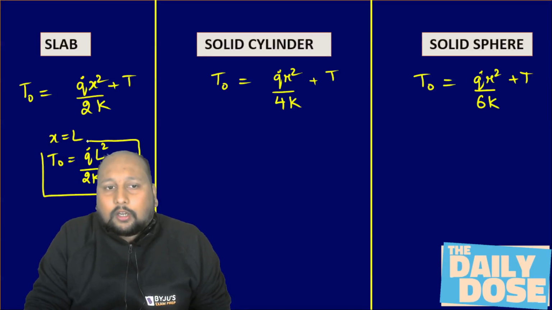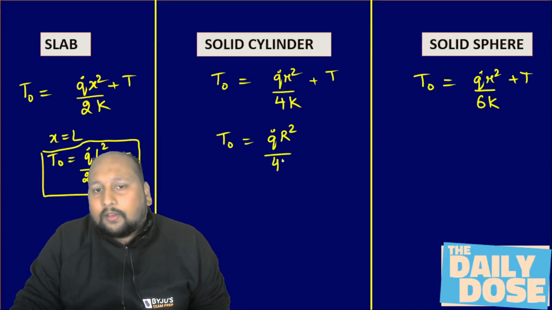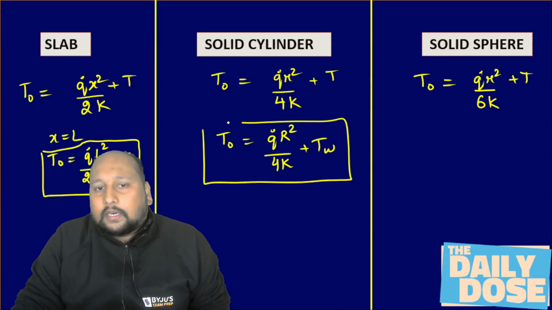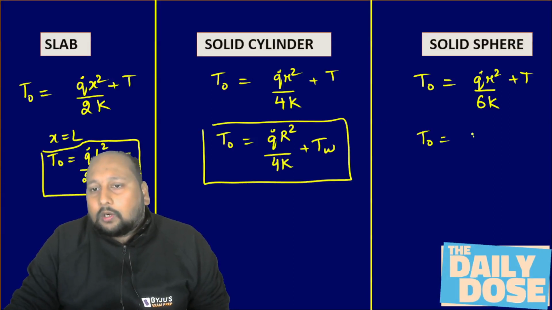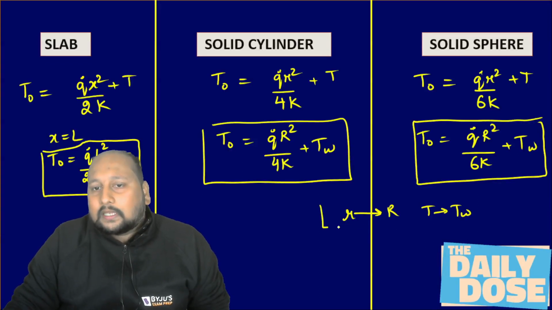If I talk about the second case, T naught is equal to q dot capital R square by 4k plus TW. And if I talk about the third case, T naught is equal to q dot R square by 6k plus TW, where TW is the temperature when small r tends to capital R, T tends to TW, for both the cases, that is cylinder and sphere.